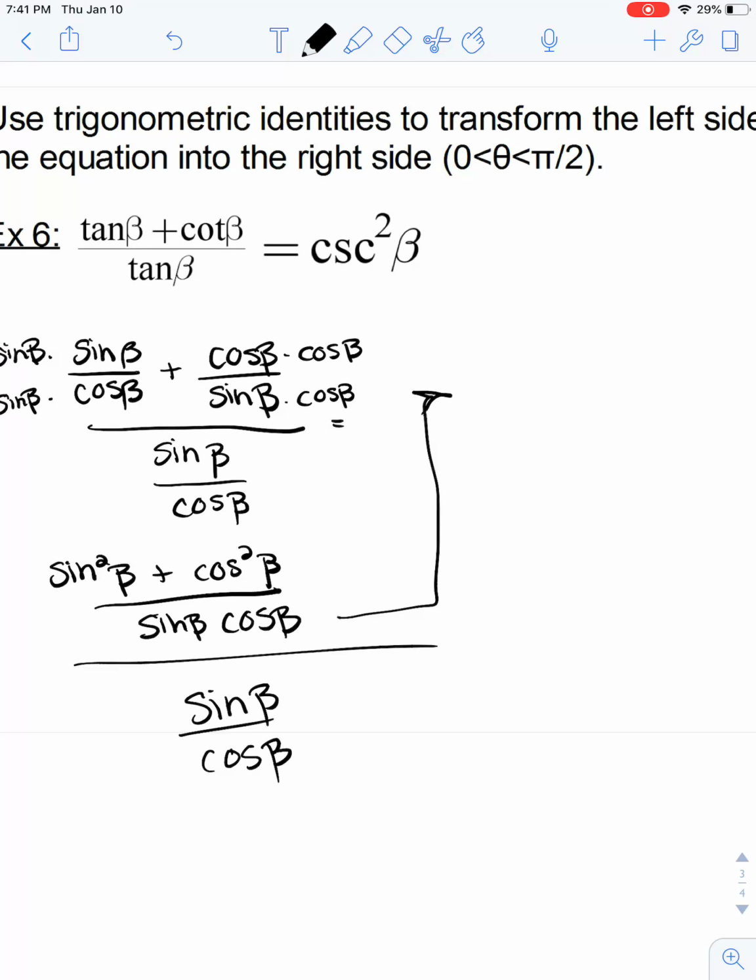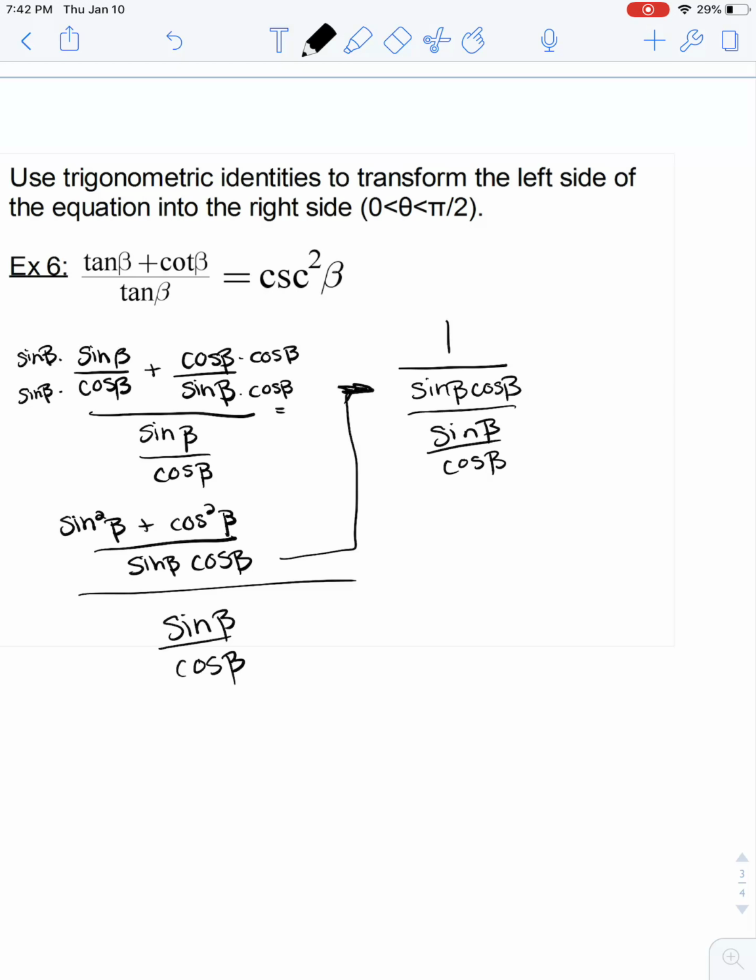All right, so now I can look and say the numerator is going to be 1. The denominator will stay the same for right now, and it's being divided by sine beta over cosine beta. So I'm going to flip here.